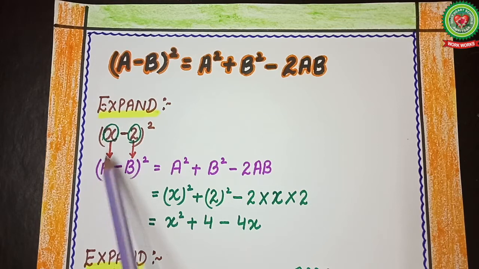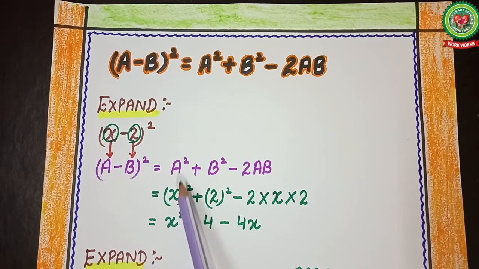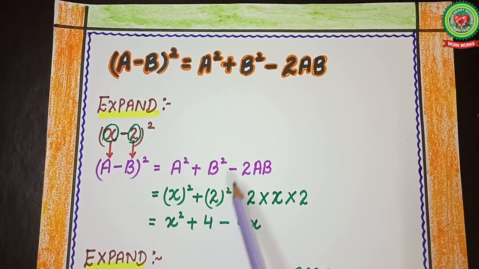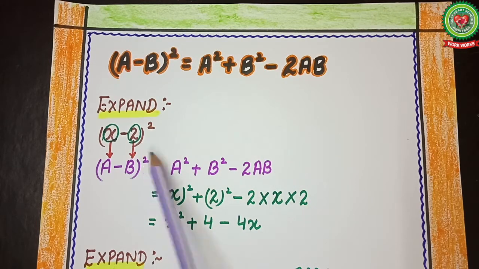What is the value of a here? You can see x. So you will put a² as x², plus means plus, b means 2, so you write 2², minus means minus, and here you can see 2ab. No sign is there in between, so that means there is a multiplication sign. So you will write 2 multiply a multiply b, so a is x and b is 2.